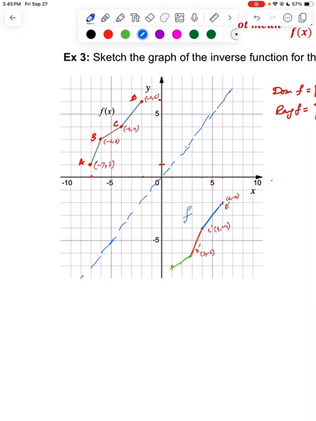So basically, another way of defining f inverse is that the graph of f inverse is a reflection of the graph of f about the line.